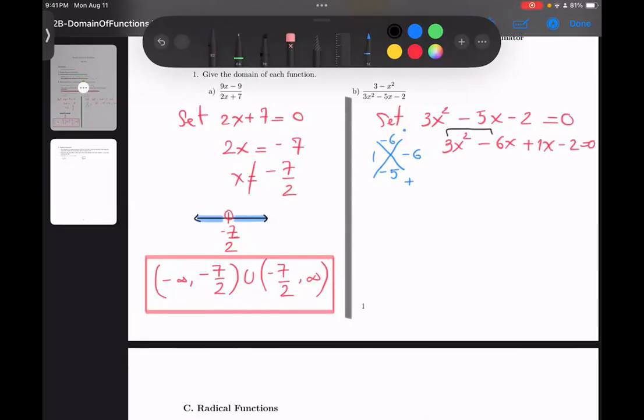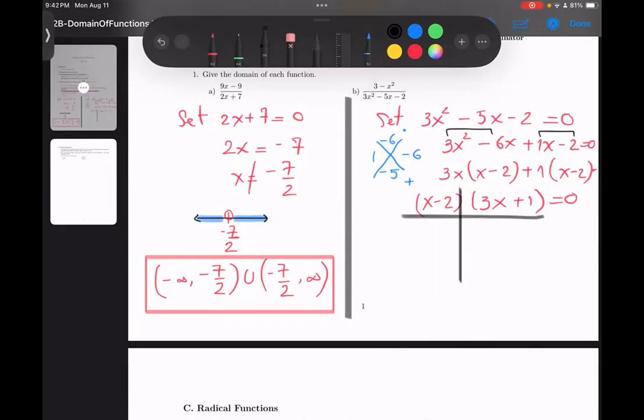Group factoring, remember that? Factor out 3x from the first group, so I have x minus 2. Factor out a 1 here, so x minus 2 again. Then factor out x minus 2, and what remains is 3x plus 1 equals 0.